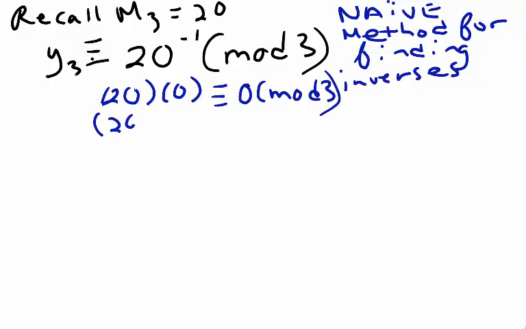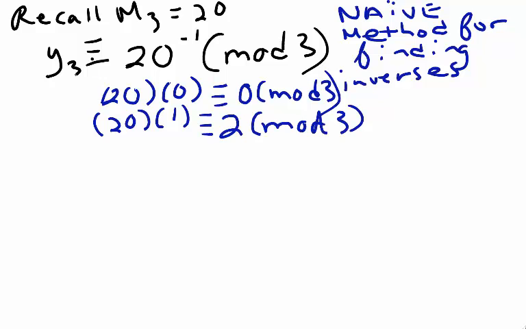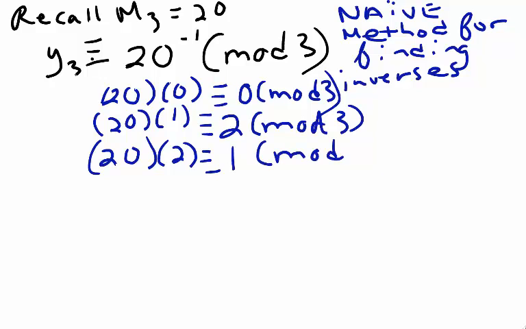Then we take 20 times our next remainder, 1, and find that this is congruent to 2 mod 3. Next, we take 20 times the remainder 2, and find that this becomes equal to 1 mod 3. Since 2 leaves us with a remainder of 1, we know that y sub 3 is equal to 2.